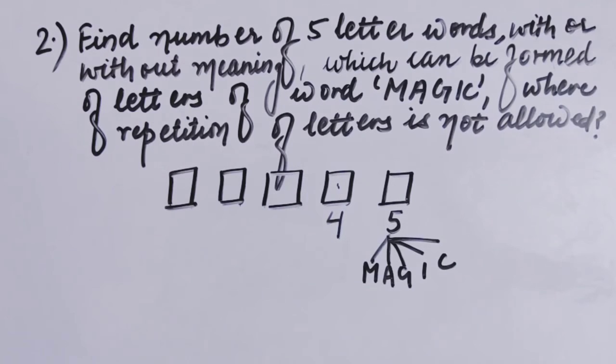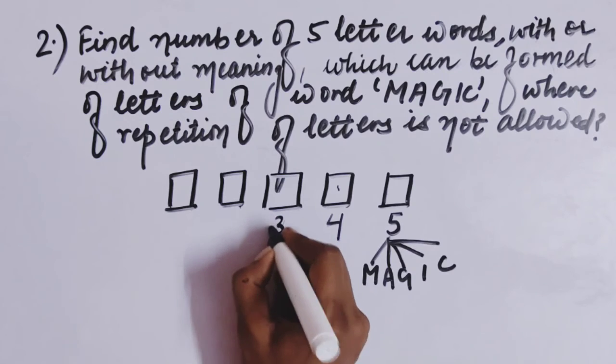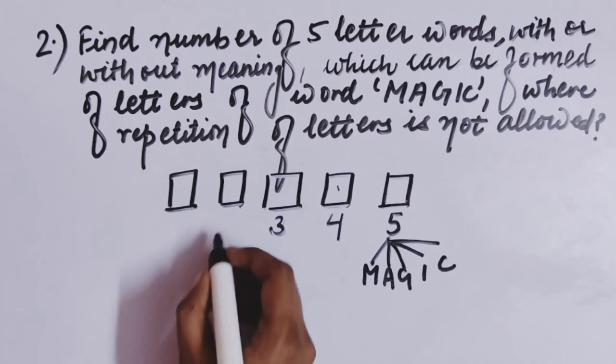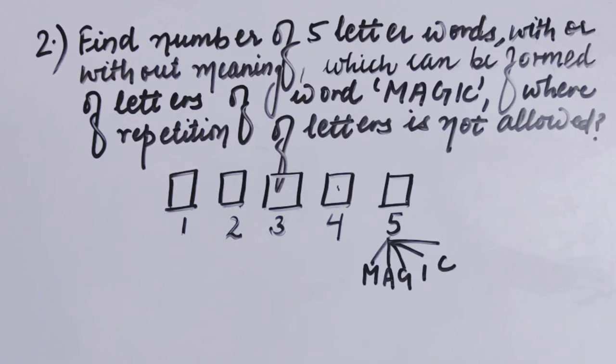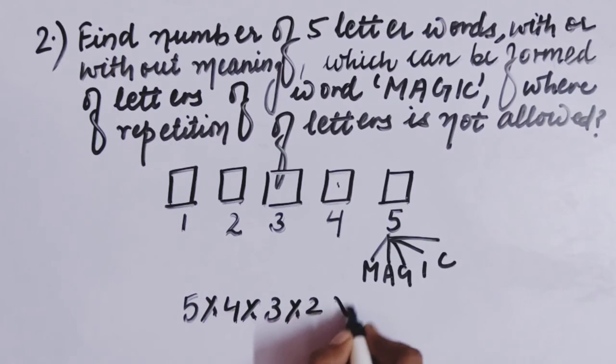Now one has come over here. Now how many options are left with you? You have total 3 options, because 1 has come here and 1 has come here. So it has 3 options to fill it. Now it has 2 and this has 1. And as we have to make this whole word, the total number of words we will get out of the 5 letters of the word MAGIC, with meaning or without meaning, will be 5 into 4 into 3 into 2 into 1.